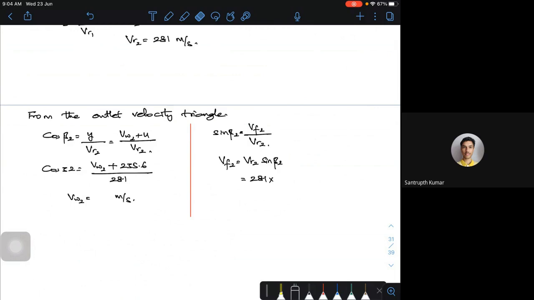Let me check it. Did I make it 381? I think I made a typing error, 281 into cos 32 minus 235.6. Yeah, 2.7. Yes, you are right. I think I pressed 281 or 381, something I might have pressed. Okay, one minute, let me check it.